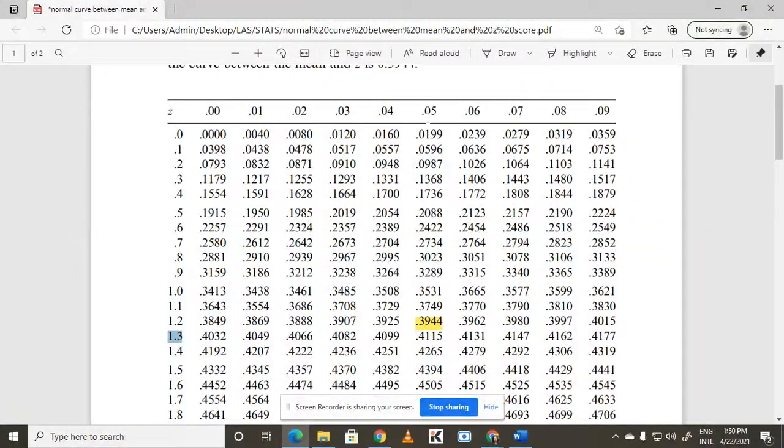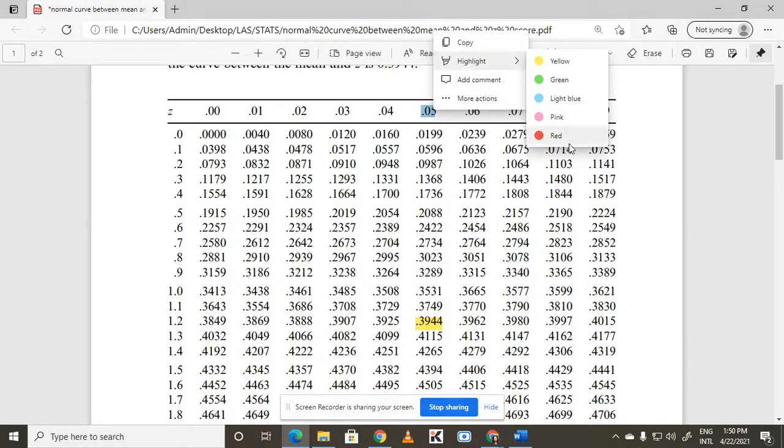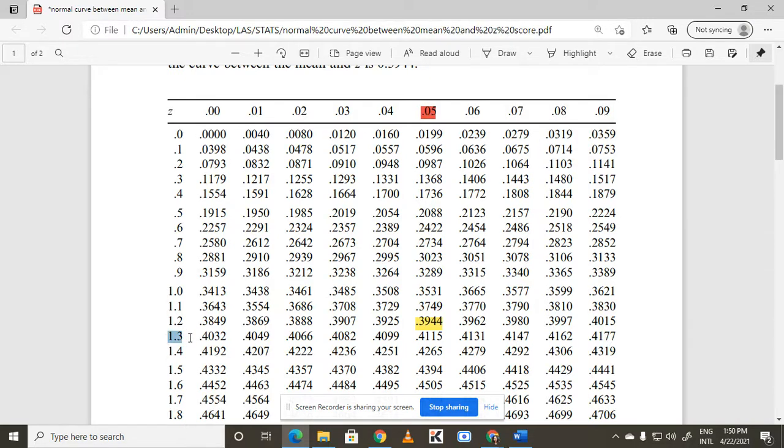Okay, so dito yan, 1.3 at saka 0.05. So, kunin natin yung intersection. Diba? Papunta siya dito.